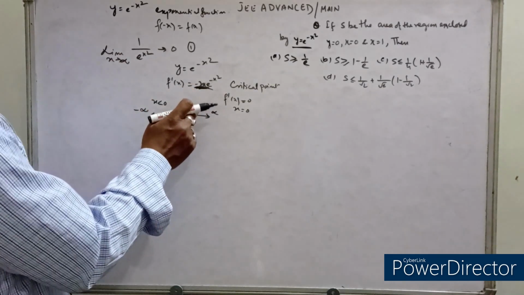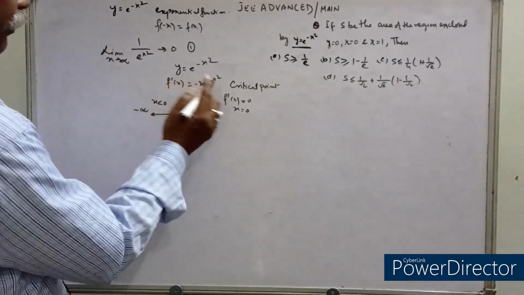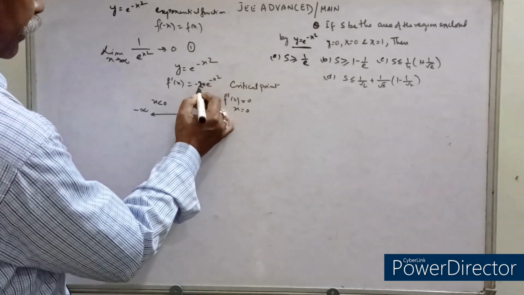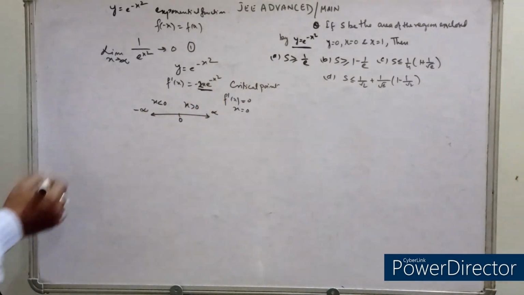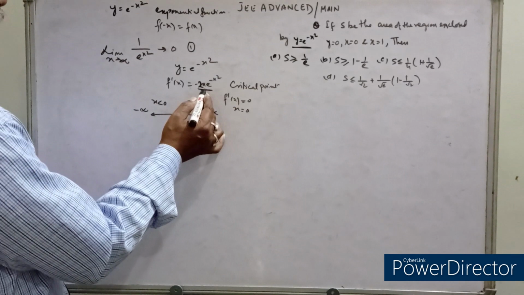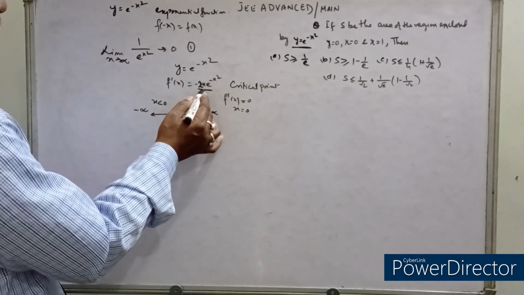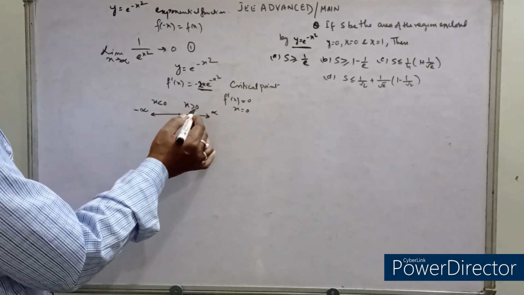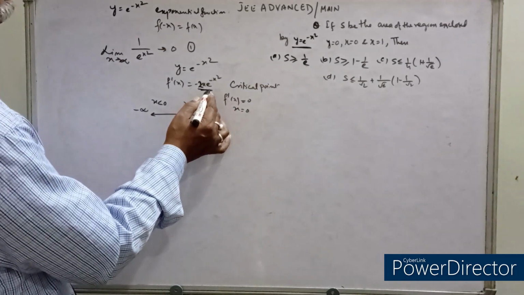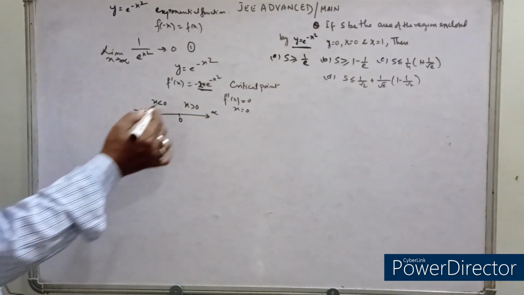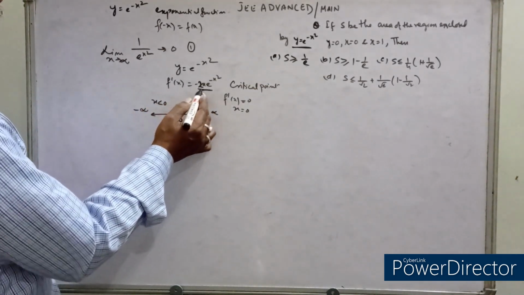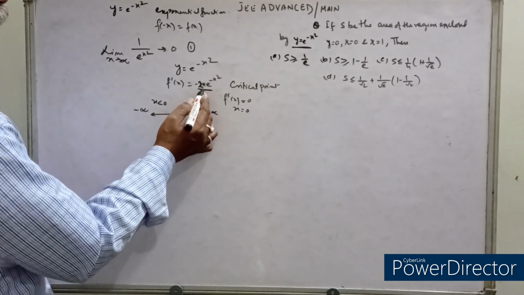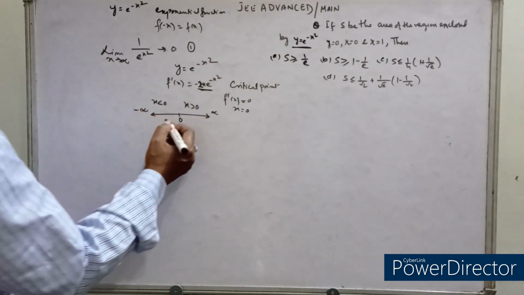You will get negative. Since this is minus 2x, if you place x less than 0, you get a positive value, and if you place x greater than 0, you get a negative value. What does this mean?